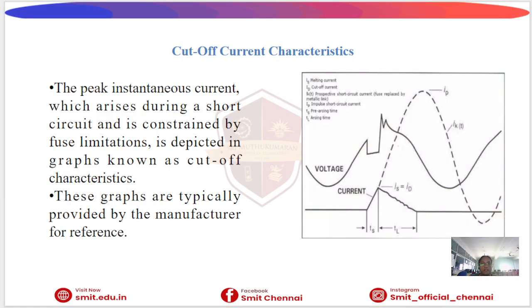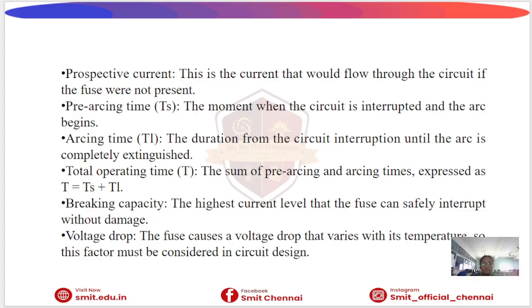Cut-off current characteristics. Cut-off current characteristics explain how the fuse interrupts current during a fault. Important terms include prospective current, pre-arcing time, arcing time, total operating time, and breaking capacity. Prospective current: the current that would flow if the fuse was not present.